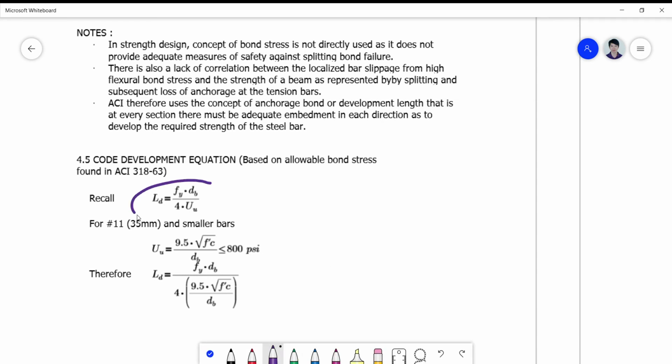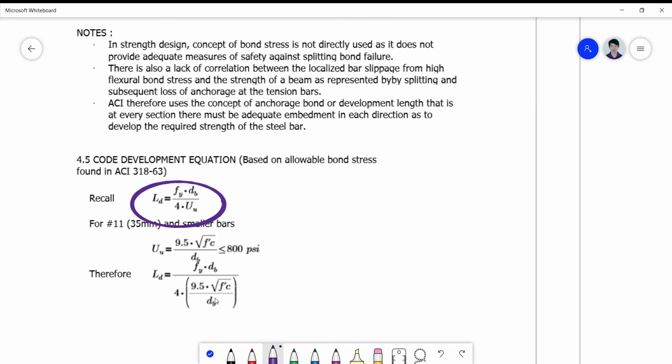basis of your flexural bond stress or the length of development. FyD we have 4UU. So for number 11 or 35 diameter bars and smaller, UU is normally 9.5 square root of f'c over d, V less than or equal to 800 psi.